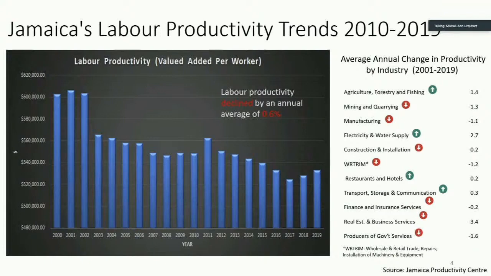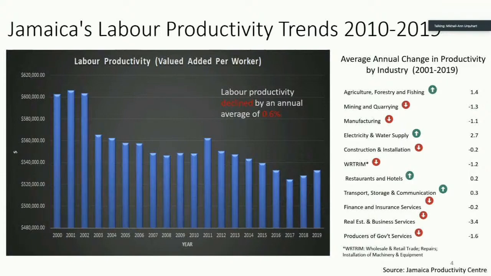However, we note that the labor productivity for Jamaica is relatively low compared to other countries in the world in its income bracket and even within the Caribbean. On top of that, we note that labor productivity over the years has also been declining. In fact, it has been declining at an average annual rate of 0.6%. Now to the right, you will see a list of the annual average change for labor productivity by year.